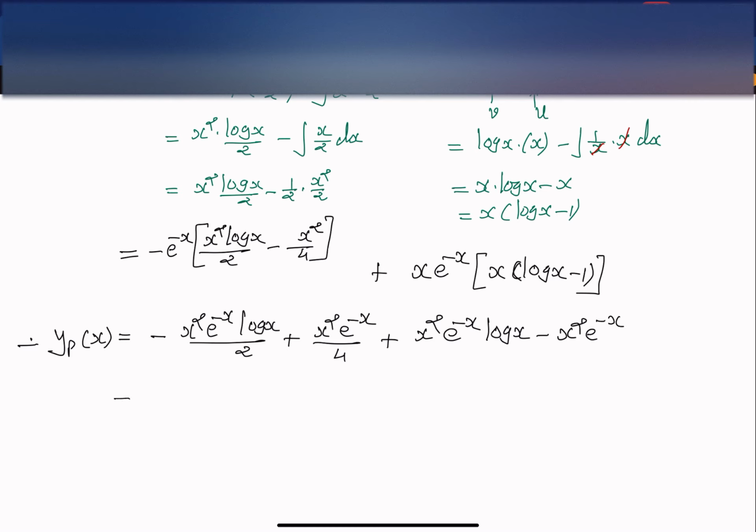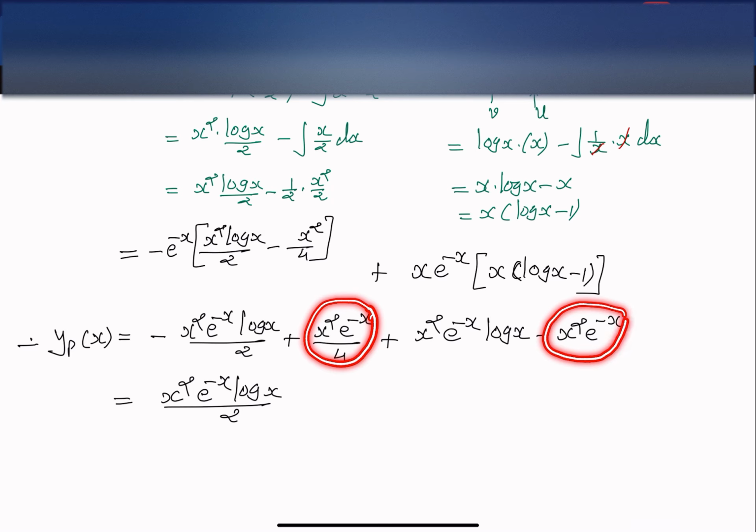And so this is equal to, now let us see, these two terms will give us x square e raised to minus x log x divided by 2, right? Then these two terms, right?